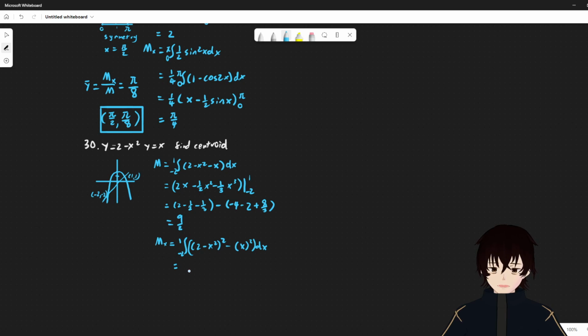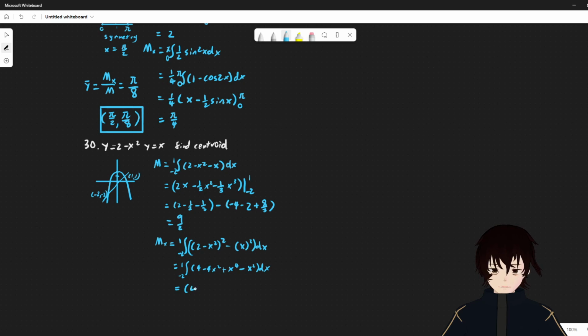And that's gonna be equal to, the integral from -2 to 1 of 4 minus 4x squared plus x to the power 4 minus x squared dx.